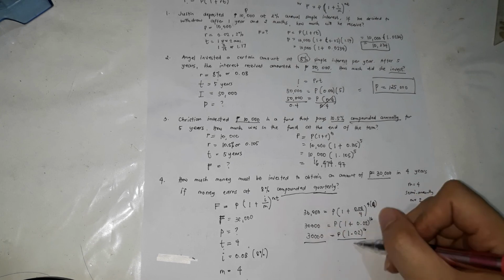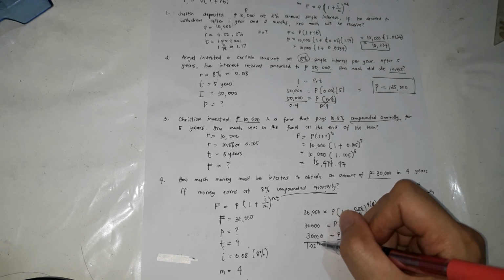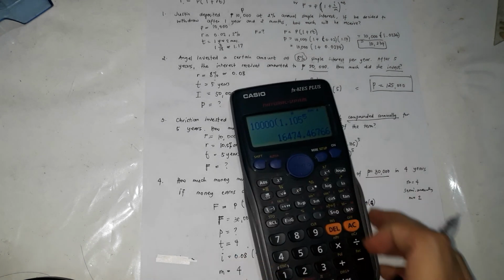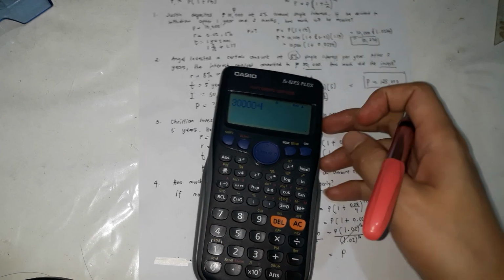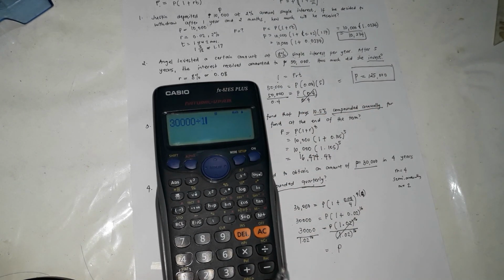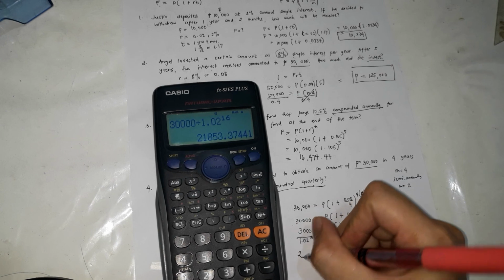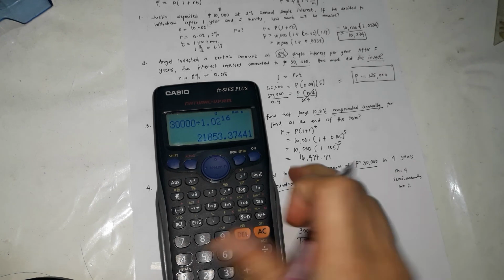You can divide both sides by 1.02 raised to the power of 16, or pwede mo na itong kunin. Cancel. P is equal to 30,000 divided by 1.02 raised to the power of 16, which is equal to 21,853.37.